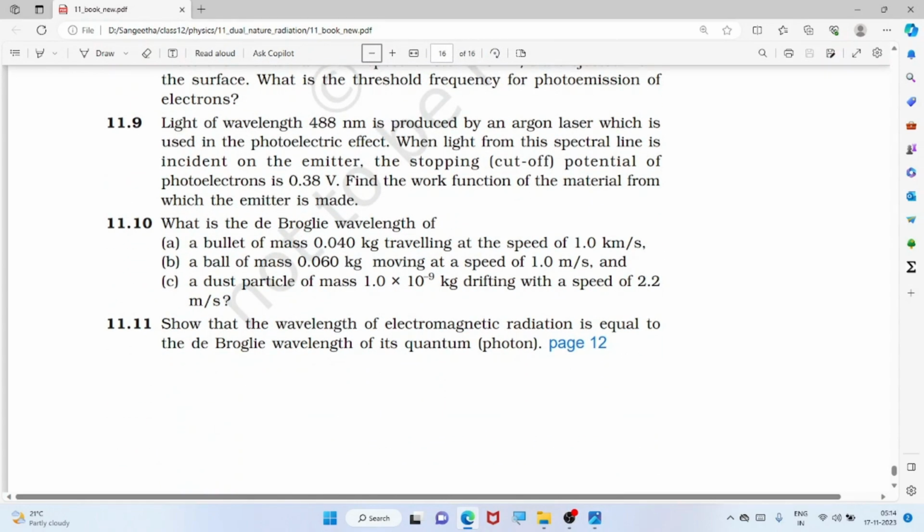Light of wavelength lambda is produced by the laser, and the stopping potential is given. Lambda is given, stopping potential is given. Find the work function. Phi naught equal to h V naught.